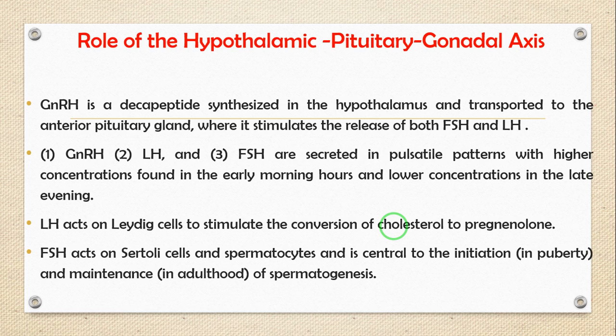Luteinizing hormone, once secreted, will stimulate the production of testosterone from the Leydig cell by starting the first step in the production of testosterone, which is the conversion of cholesterol to pregnenolone. While the FSH, acting on the Sertoli cell, will stimulate spermatogenesis.